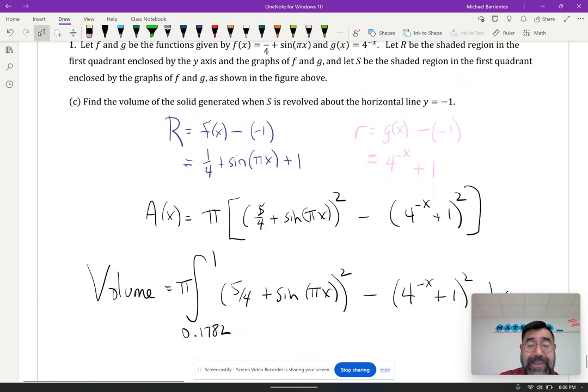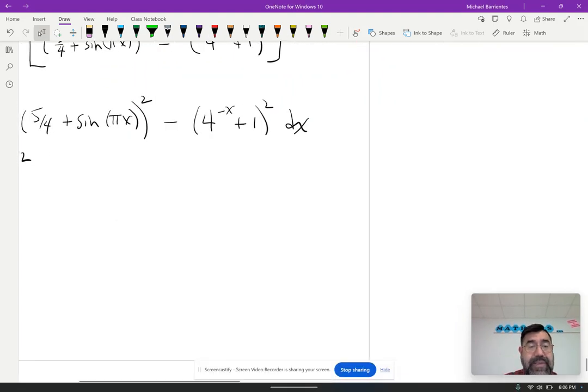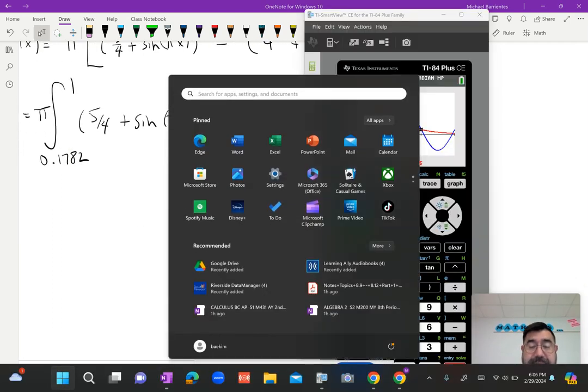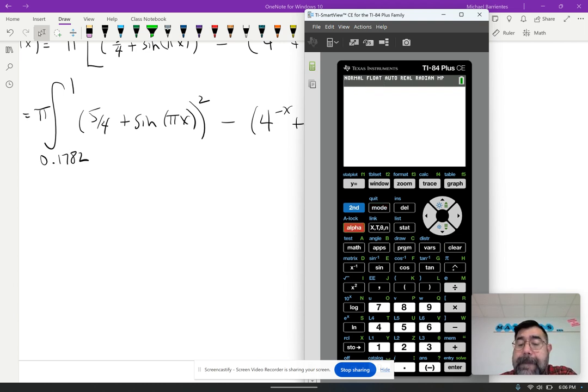And now we get to set it up. Let's set up the calculator here. So I come over here, and I say, all right, here we go. Pi. Pi is right here. And then let's do an integral, math 9.